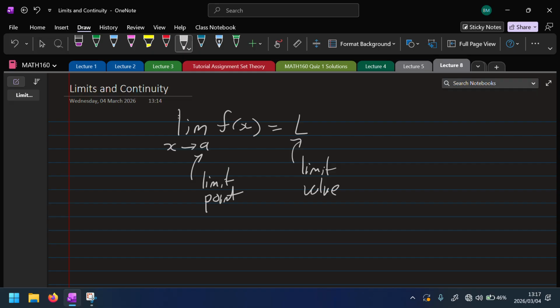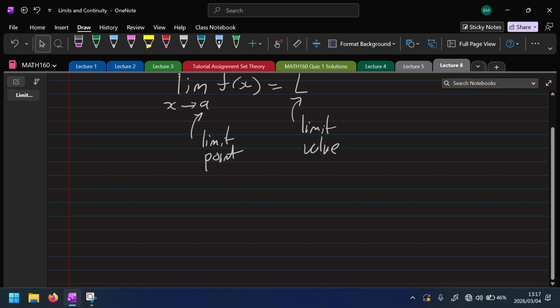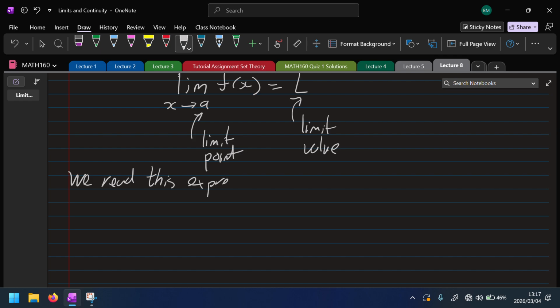Okay, so how do we read this expression? We read it as x approaches a, the function approaches L. Okay, that's the idea. So we read this expression as x approaches a.